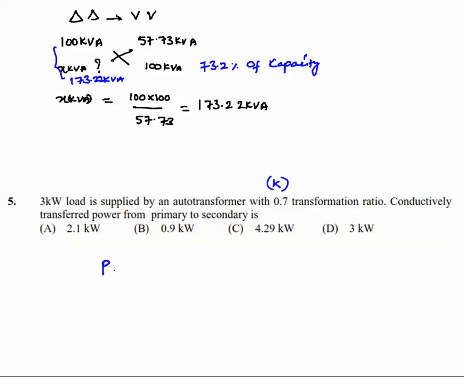The power transformed conductively is equal to K into the power rating of the transformer, that is 0.7 into 3 kilowatts, which gives 2.1 kilowatts, and the answer to this question is A.